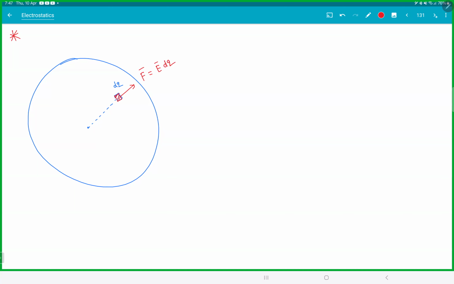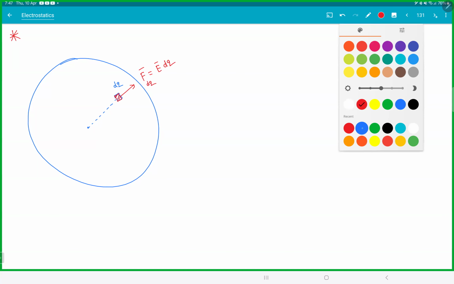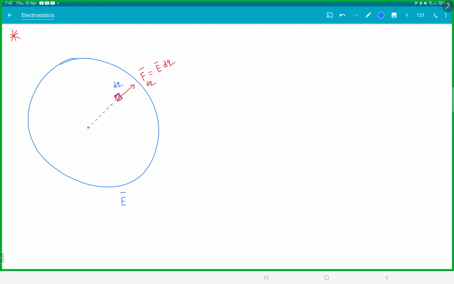Agreed? So when I want to find the force on the total thing, this is the force on that small piece. And we already know the field E is nothing but rho by 3 epsilon into r bar. Agreed?